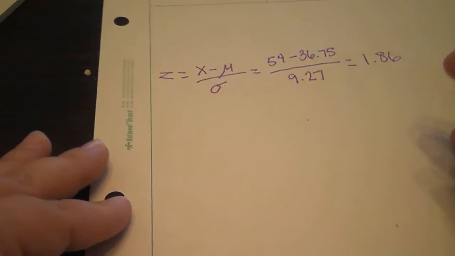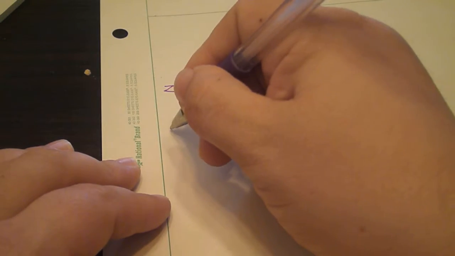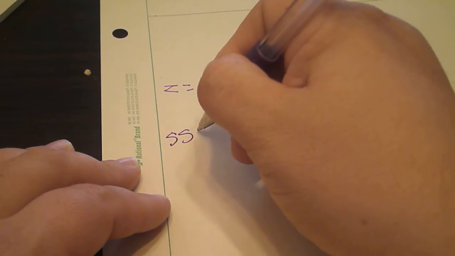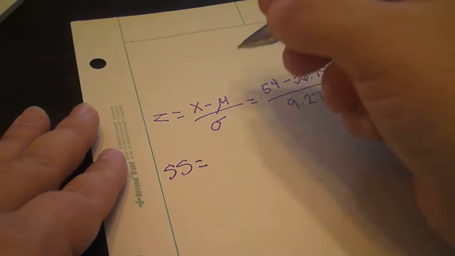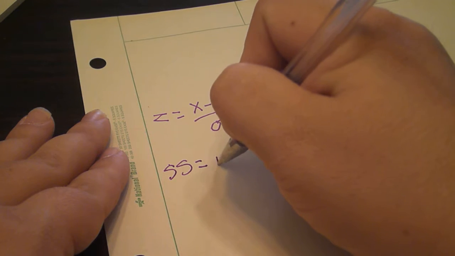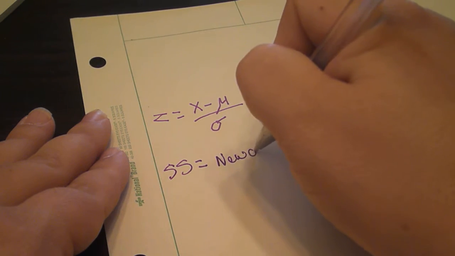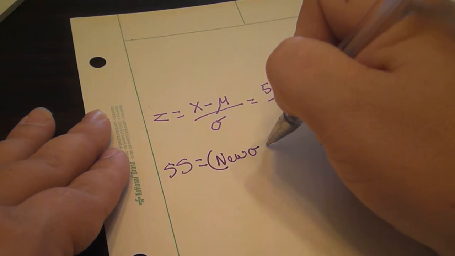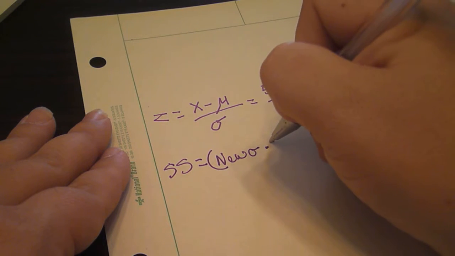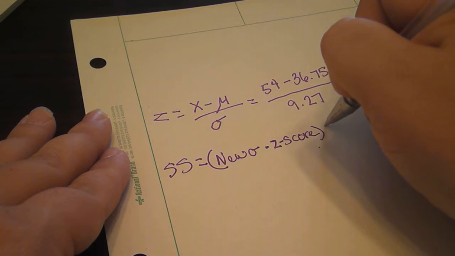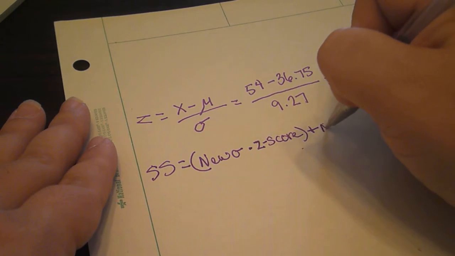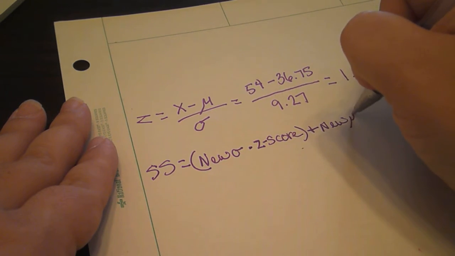So I'm going to come over here and I'm going to call this SS, which is our standardized score in this case. My new standard deviation times my z-score plus my new mean.